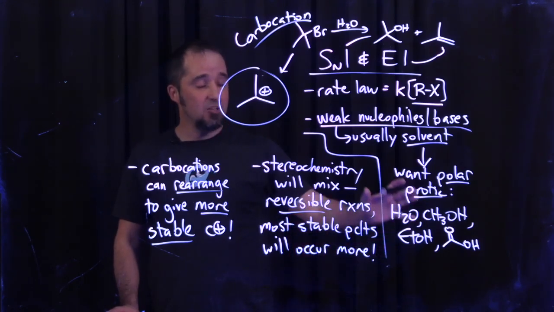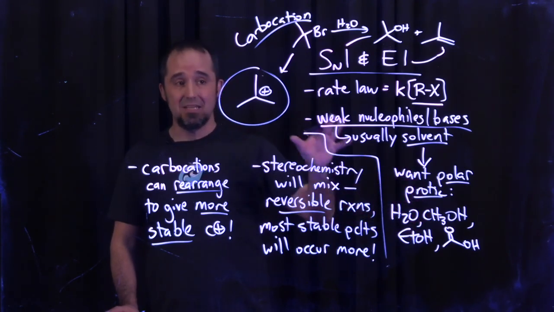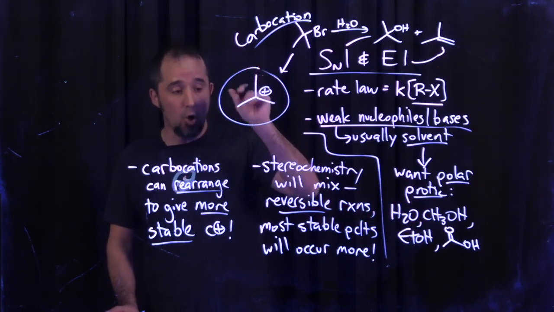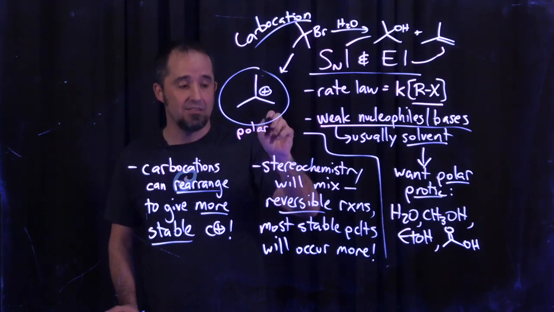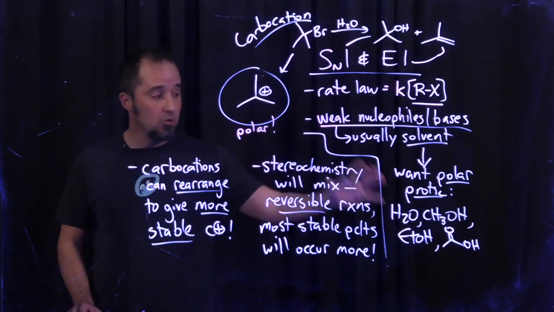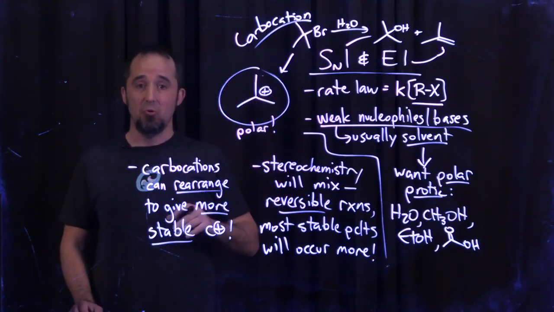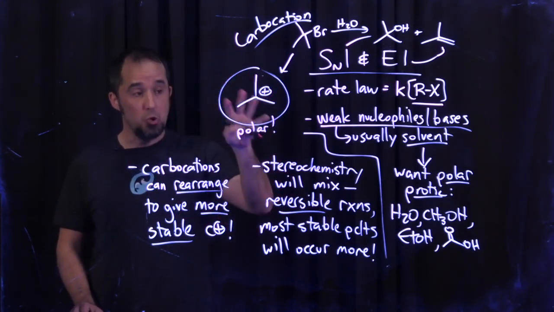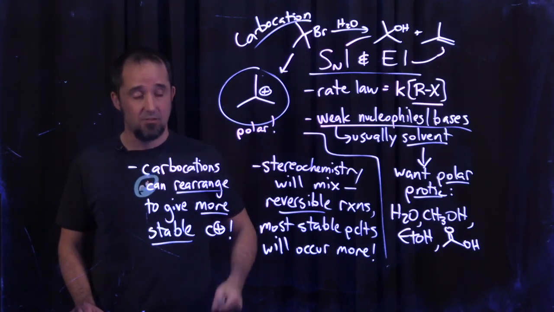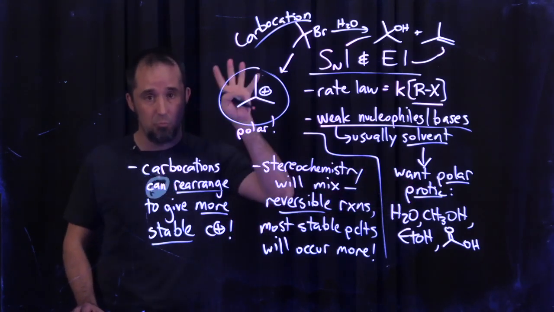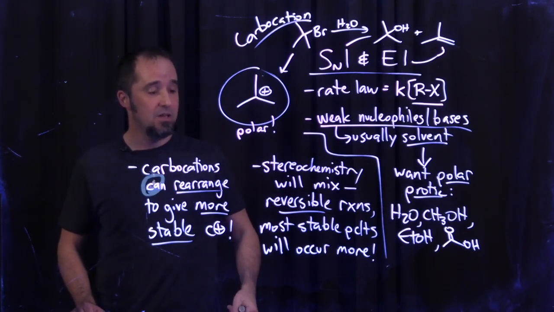The reason I need really polar solvents is because I need to make it easy for me to make this really polar intermediate, right? So polar solvents stabilize polar intermediates and also stabilize the transition state to the polar intermediate. So that's why I need polar solvents, because I have a polar intermediate.